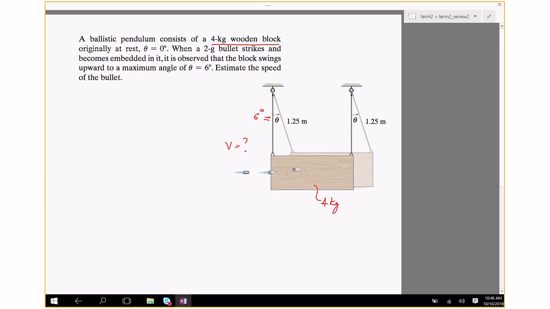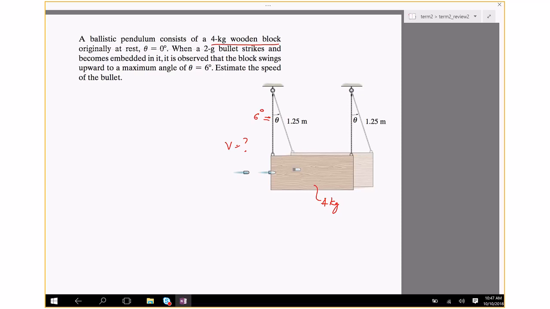In this case, first of all, it's not very straightforward to identify which concept is to be applied. But if you think of it in terms of the different events happening, one event is the bullet striking the block and getting embedded, and the second event is the embedded bullet and block swinging by an angle.